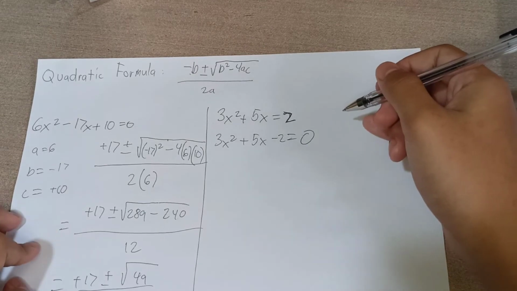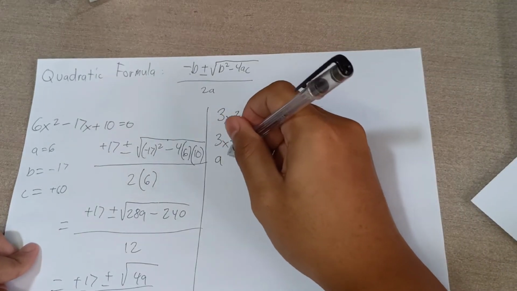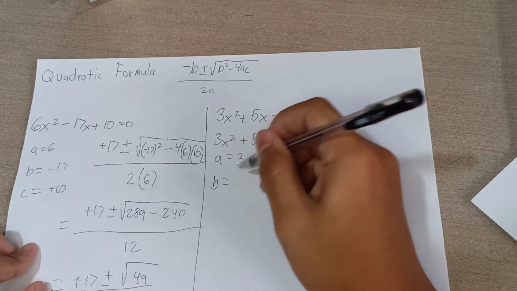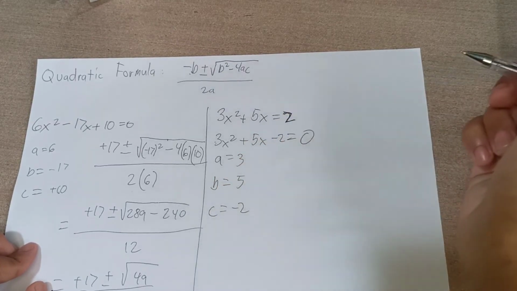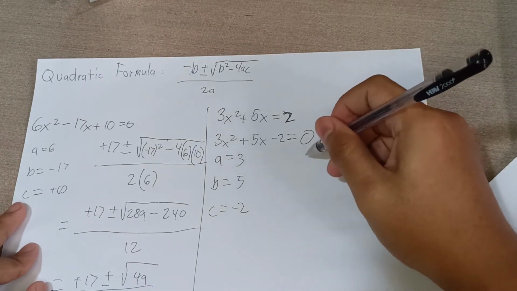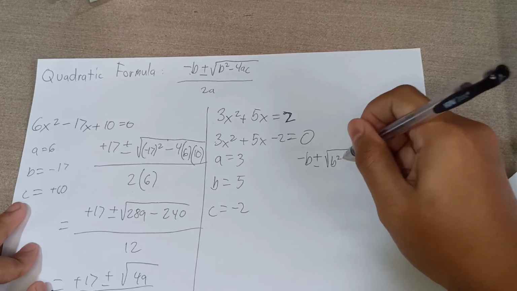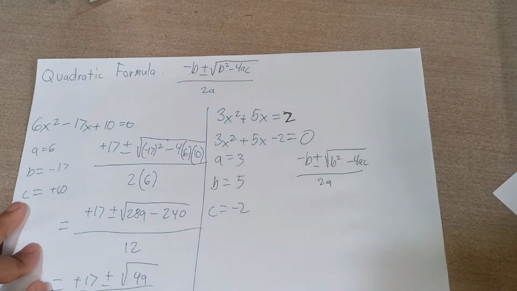Now let's list our a, b, c symbols. a is equal to 3, b is equal to 5, and c is equal to negative 2. Let's do our formula. Negative b plus or minus the square root of b squared minus 4ac all over 2a.